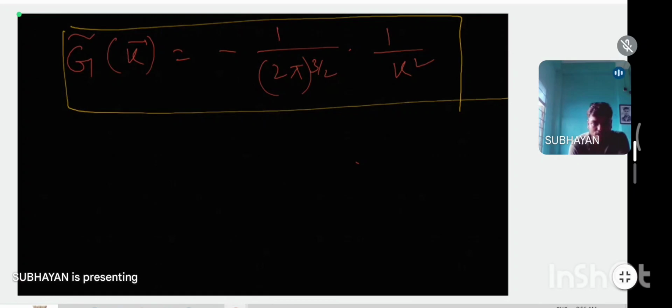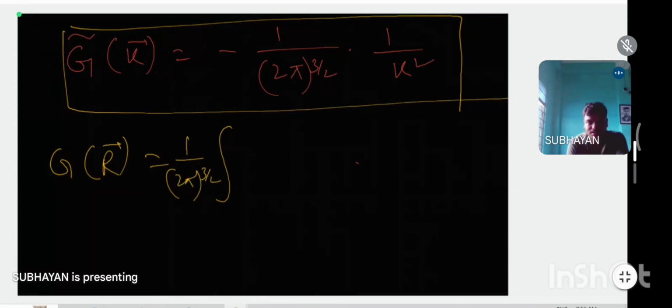Now what is G(R)? G(R) will be the integration, of course, 1 by (2 pi) to the power 3 half into G tilde k e to the power i k dot R d cube k.